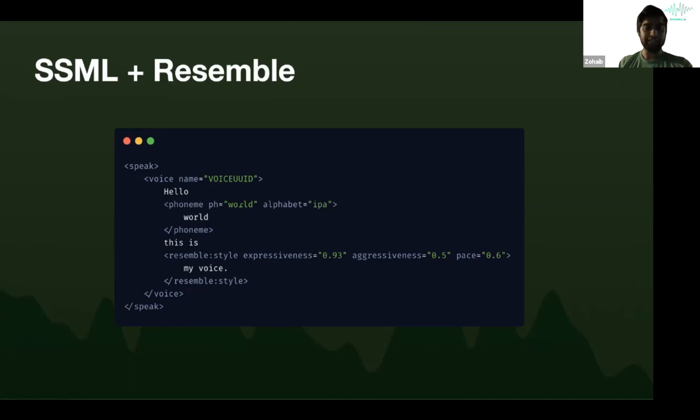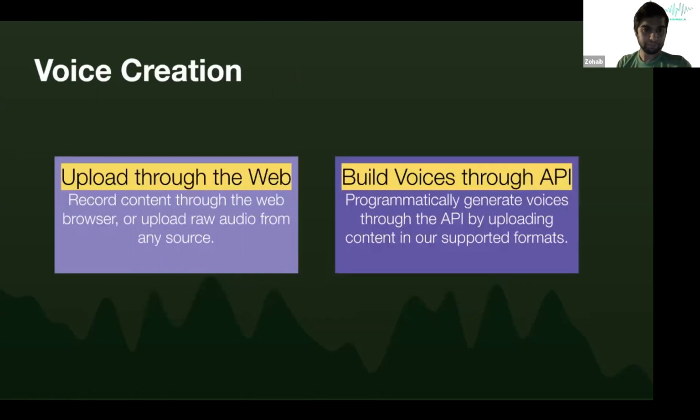But the general idea is that through the markup language, you can add certain style elements to the audio that you are creating. So for example, the phoneme here changes the word world to the pronunciation that is in that phoneme tag. The weird characters you see in that phoneme tag are IPA. I'll point you to the documentation that explains all the tags that we support, maybe right after the next slide. And then you can also see the resemble style tag here. We'll go through that one as well.